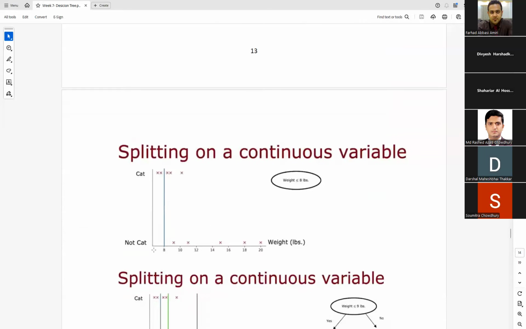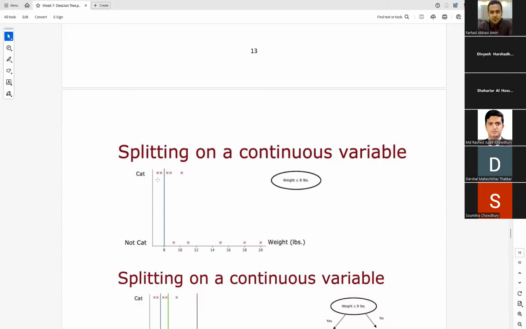So we have these data points. You can define, let's say this is my threshold, 8 pounds, and whatever is less than 8 pounds I can allocate to one sub-branch, and whatever is more than 8 pounds, this is the 8 pounds, right?